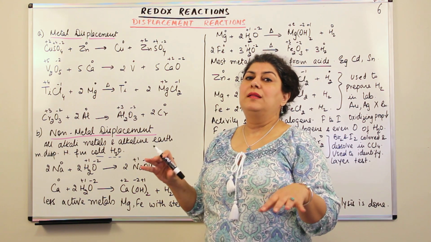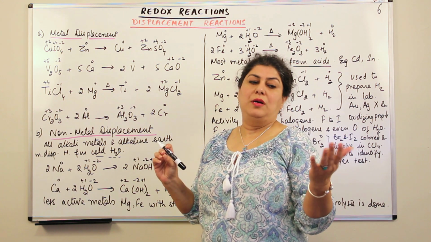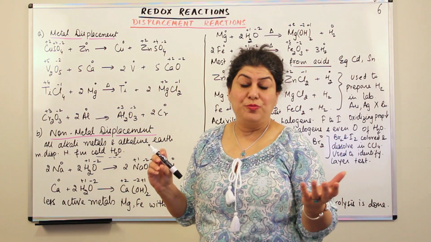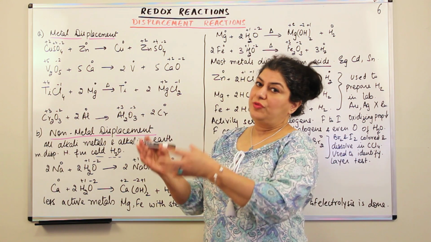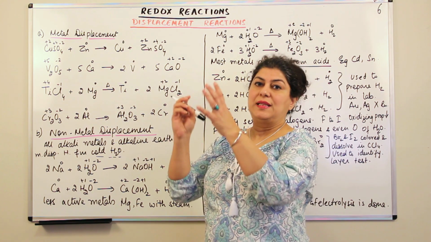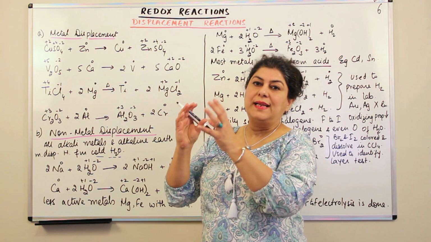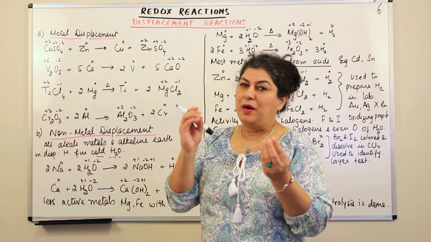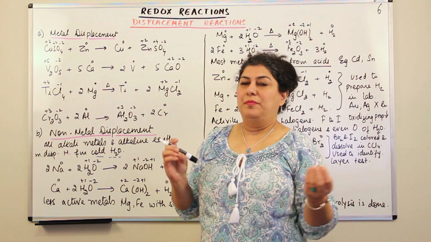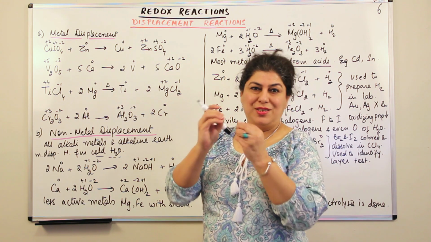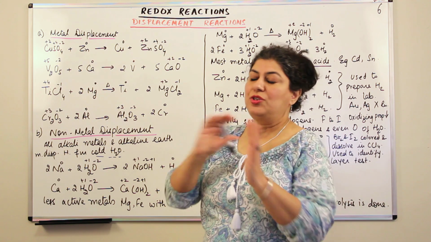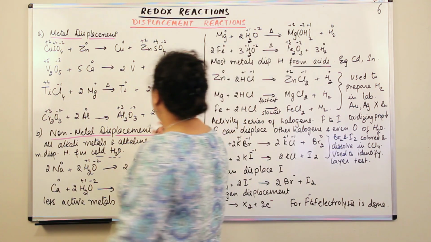But when you are working in the laboratory, or at a later stage when you decide to pursue chemistry, you might want to refer to the activity series that is given. There shouldn't be much of a difference, barring 1 or 2 metals which have been placed differently. But otherwise, you just memorize the activity series, and you're good for once in your life.